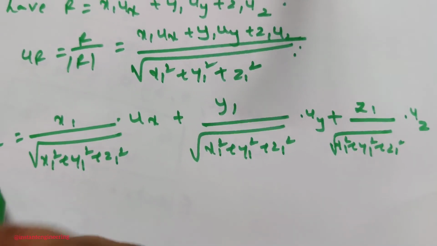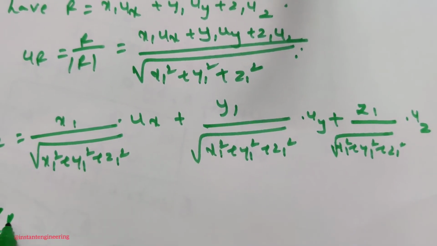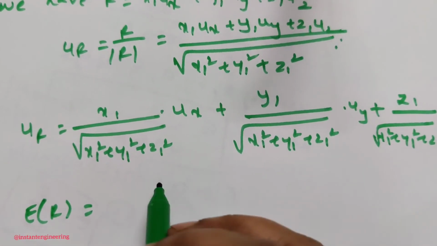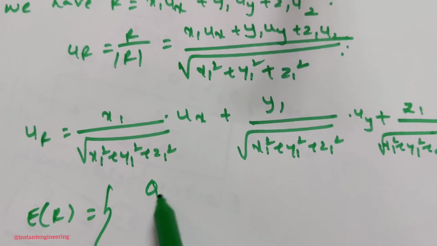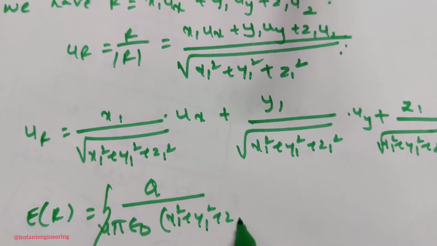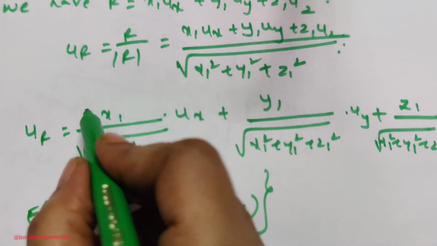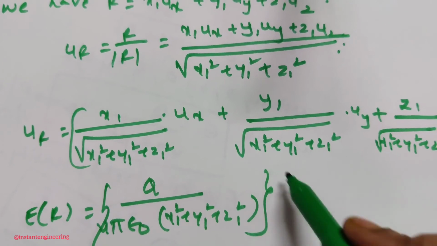Putting this UR value in the complete E value, E is equal to Q by 4 pi epsilon naught, x1 square plus y1 square plus z1 square, into this whole unit vector term.